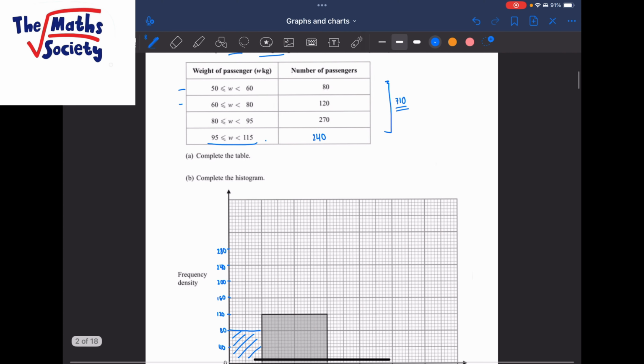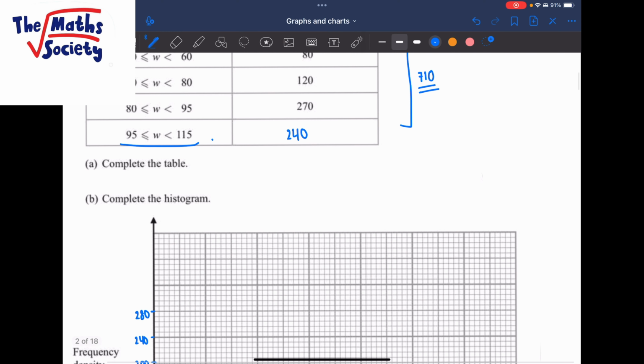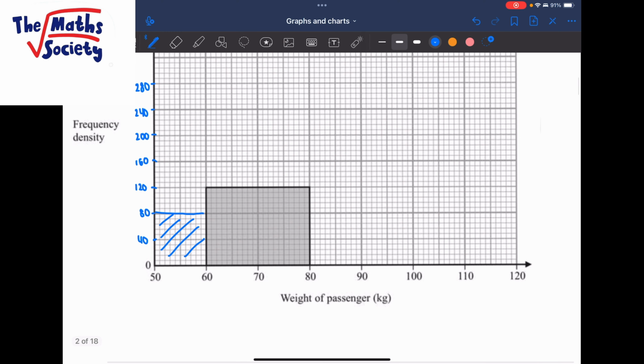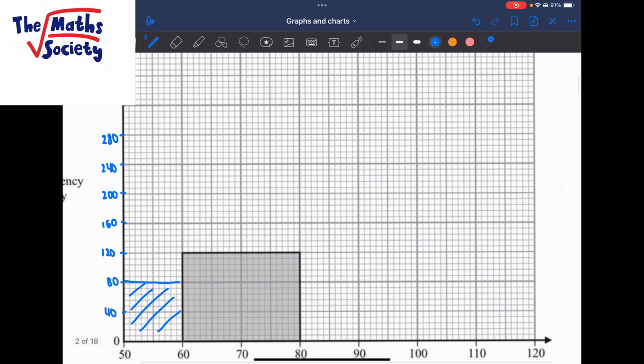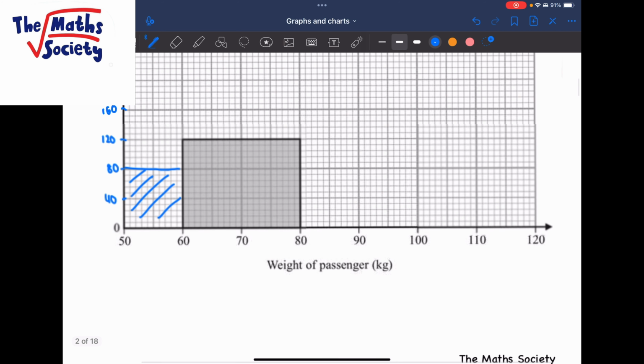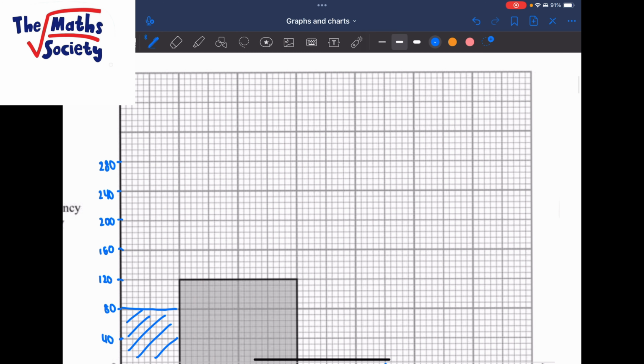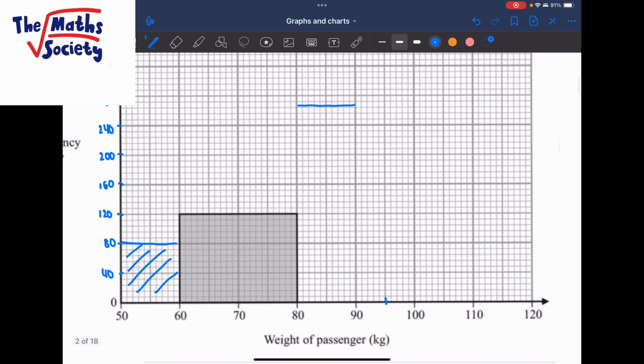And it says 80 to 95 was 270. So we just need to find 270 for that part. So then it would be 295, so it means it's up to here. It would be 275, which means this should be closer here. So this is just an estimate.